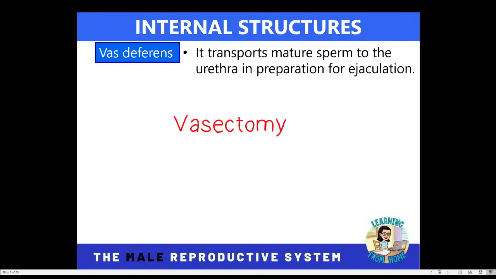Remember, vas deferens, vasectomy. What is done here is that the vas deferens is tied or cut. In that way, even though there would be sperms produced, these sperms will not be released because the tube is already cut.